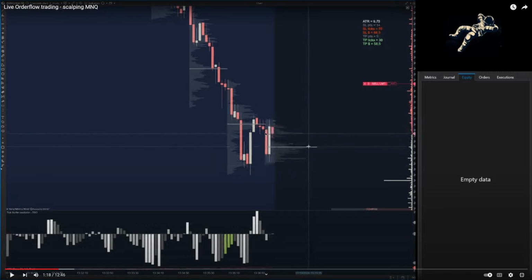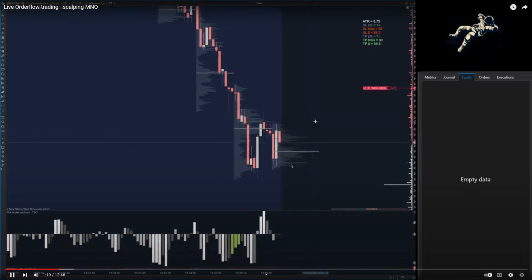So again here, arguably I could have taken a sell right here. We have this volume point of control. Remember before it was still in this area, but price is rejecting off of this volume node. When it comes back up into it, we typically get a small push to the downside again. But I didn't take this one right now.